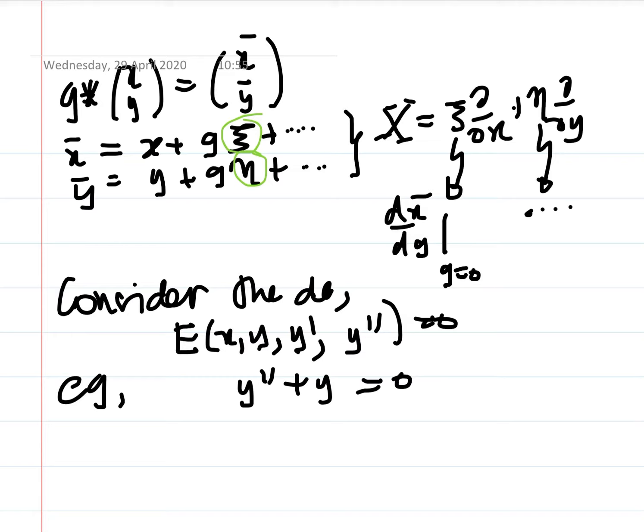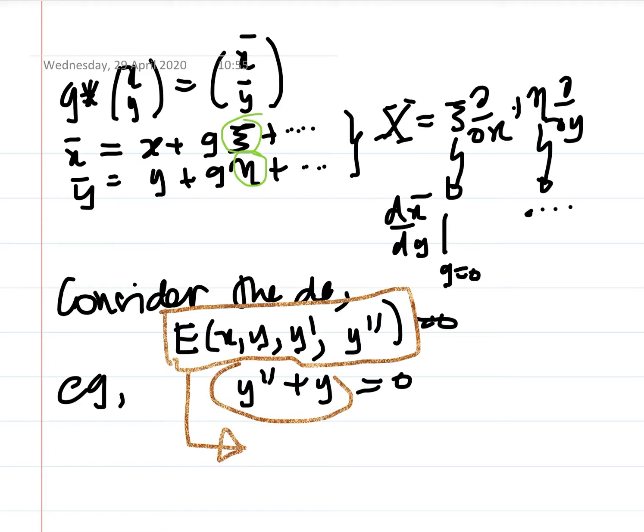But what we're going to look at before considering the differential equation aspect of it is to discuss the invariance of these kinds of functions. That is, functions in which one variable depends on another variable. So as an example, there's a function y double dash plus y. So that's a function, but a function of possibly x, the independent variable, y the dependent variable, y dash, which depends on x, y double dash, which of course will depend on x, and of course you can go higher.